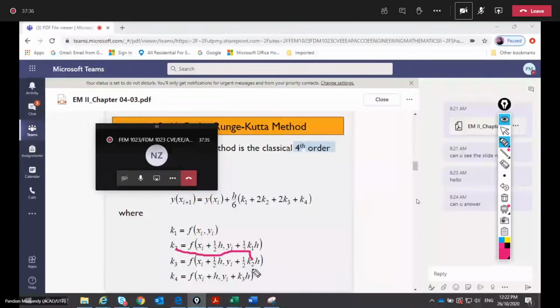And finally, when you calculate k3, it is f(xi plus half h, yi plus half k2 h). Then you calculate k4: k3 goes inside here, f(xi plus h, yi plus k3 h). So you have k1, k2, k3, and all of this goes inside here.